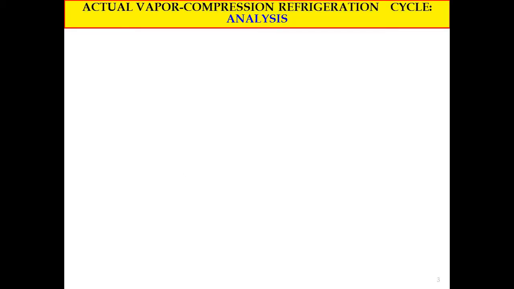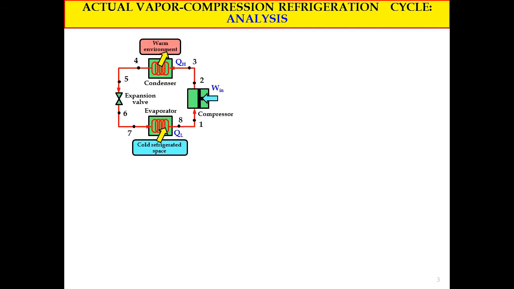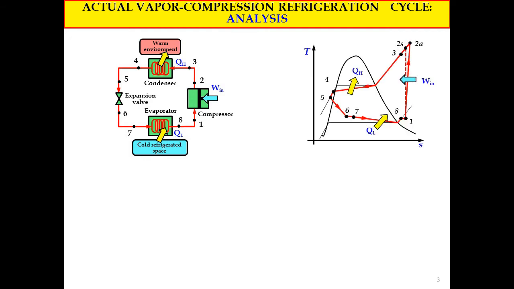Okay, now about the analysis for the actual vapor compression refrigeration cycle. This is the schematic diagram for the actual vapor compression refrigeration cycle, and the second figure shows the TS diagram. So now you have to differentiate in terms of the formula for the actual vapor compression refrigeration cycle and also the ideal vapor compression refrigeration cycle.